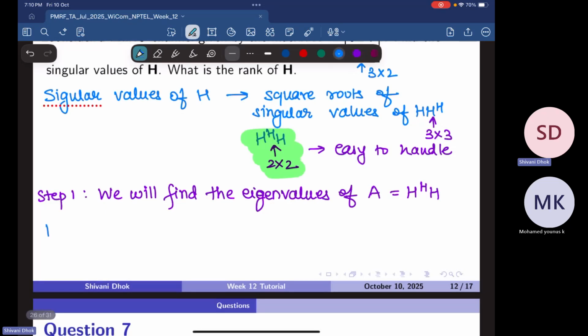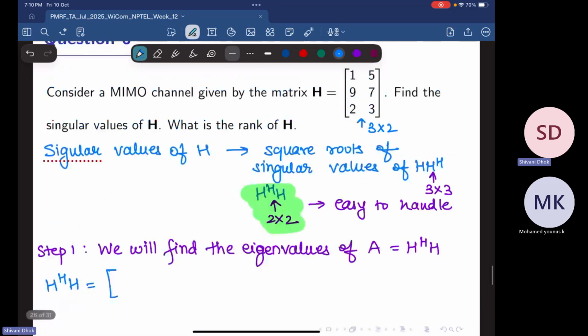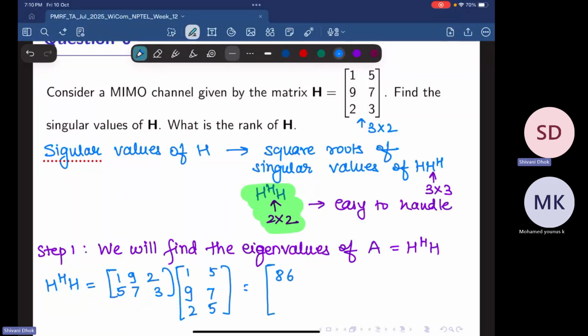So this matrix H Hermitian H is given by, your H Hermitian is 1 9 2 5 7 3 into 1 9 2 5 7 3, and this comes out to be equal to 86, 74, 74 and 83.